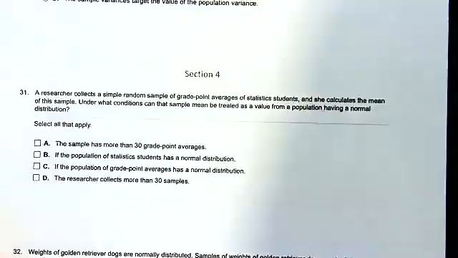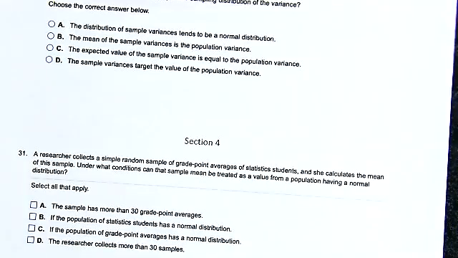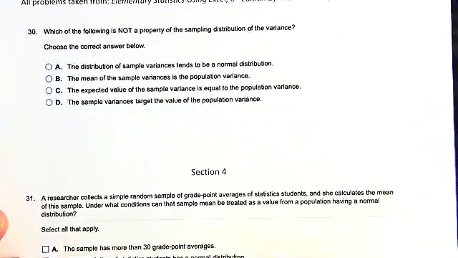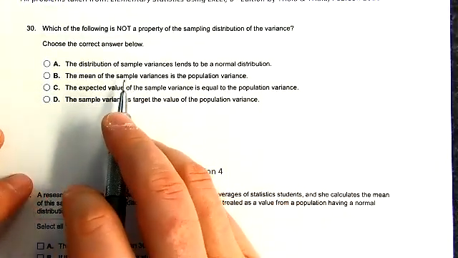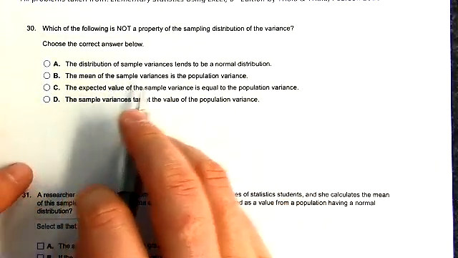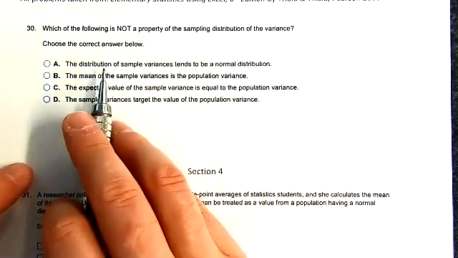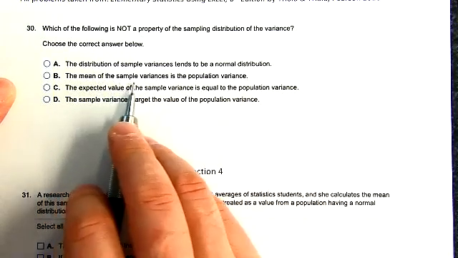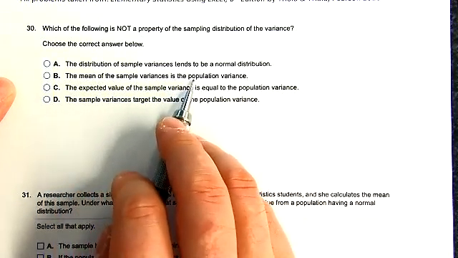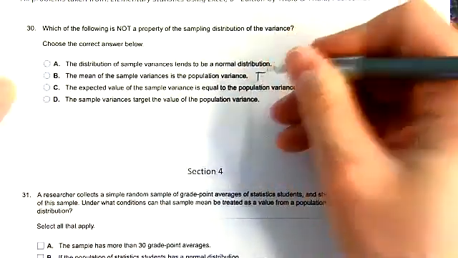Okay, the last one for this section. 30. Which of the following is not a property of the sampling distribution of the variance? So the mean of the sample variance is the population variance, so that was true.